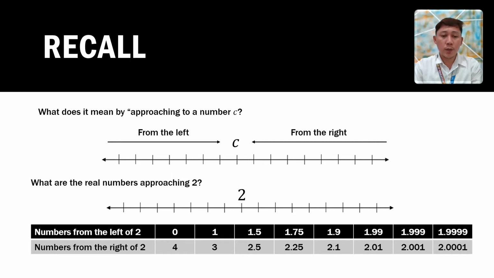From the left of 2, we have 0, 1, 1.5, 1.75, 1.9, 1.99, and so on. And numbers from the right of 2 are 4, 3, 2.5, 2.25, 2.1, 2.01, 2.001, and so on. So that is approaching, getting closer to a number.